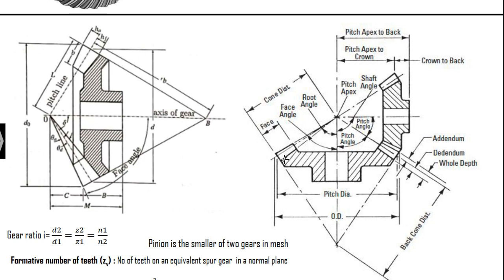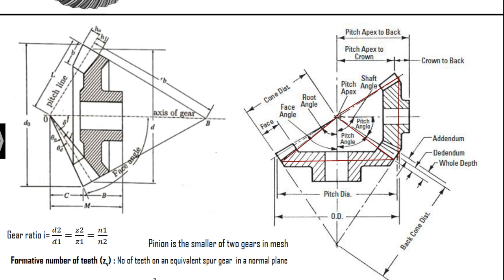You can see this particular cone. This is one right circular cone, and this one is another circular cone, something like this. So, this is definitely a right angle bevel gear. The axes are perpendicular to each other and intersecting at a particular point.